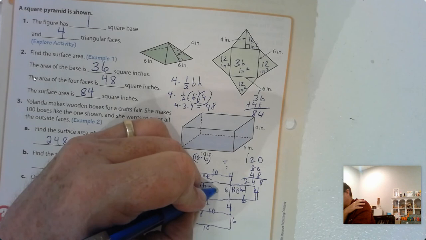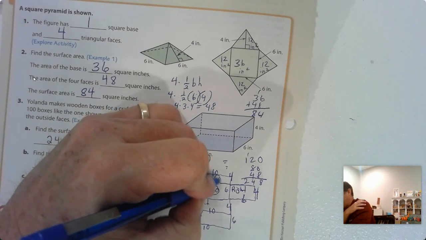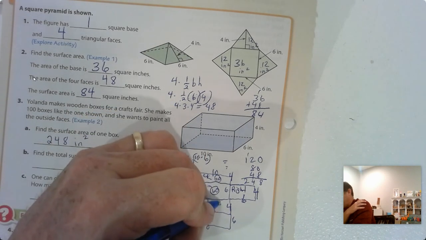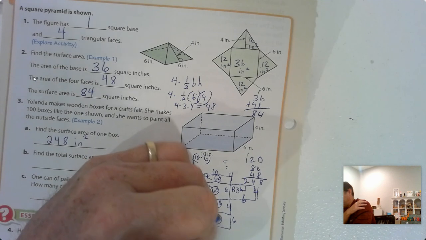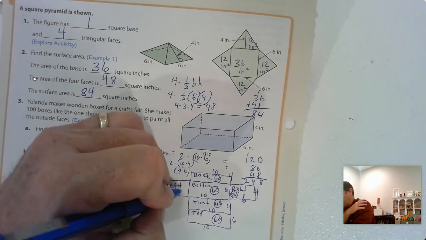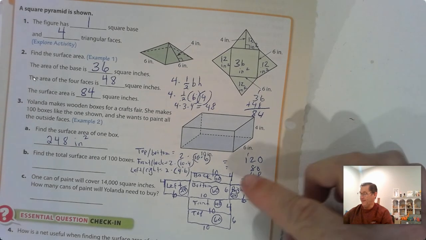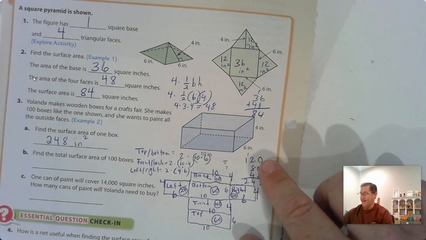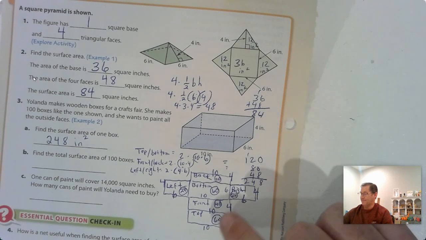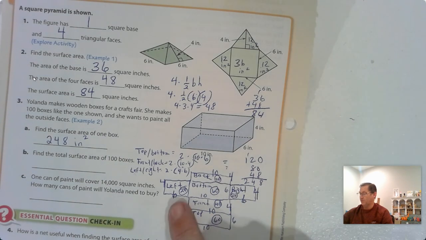So 60, 40, 40, 60, 24, 24. Okay. So again, 2 times 40, 80. 2 times 60, 120. 2 times 24, 48.